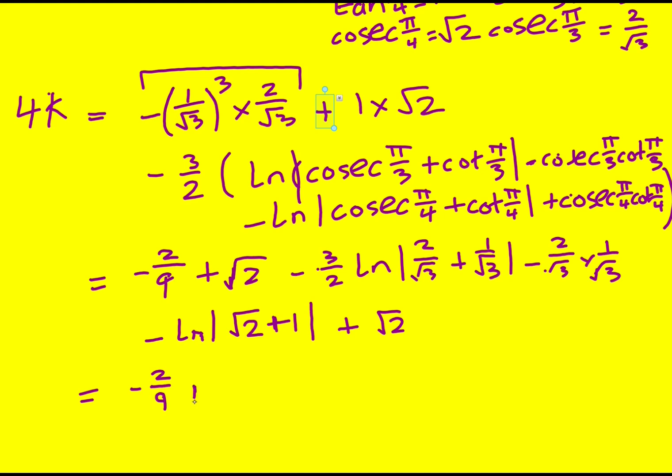Sorry, fast forward if you need to. Plus root 2 minus 3 over 2 ln 2 over root 3 plus 1 over root 3 is 3 over root 3, so it's ln root 3. Then minus 2 over 3 minus ln. And I just realized the whole thing should be times by 3 over 2. My bad.